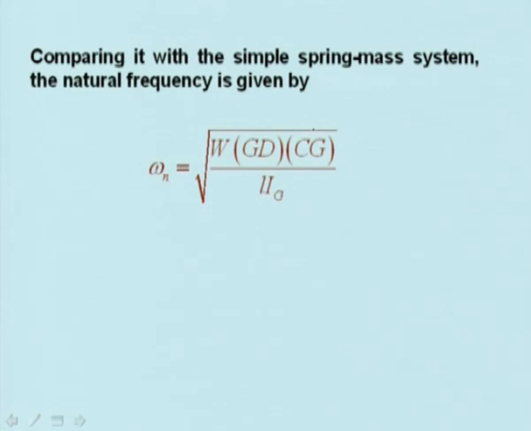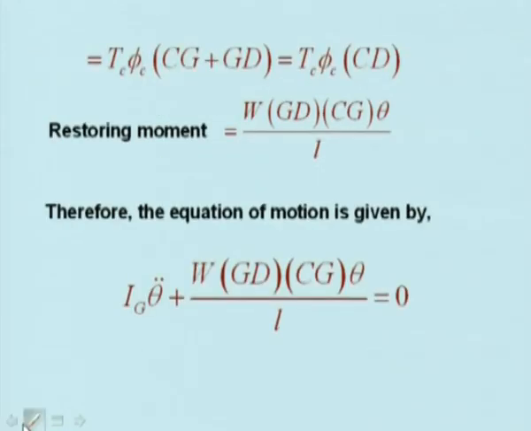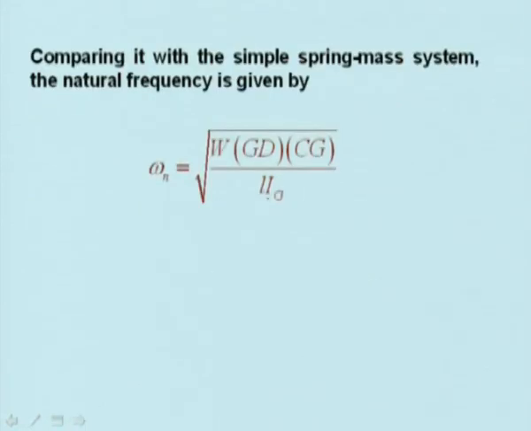Comparing it with the simple spring mass system, the natural frequency is given by omega n equal to the square root of W Gd Cg divided by L Ig, where L is the length of the string. This way we can find the natural frequency of this suspension also.